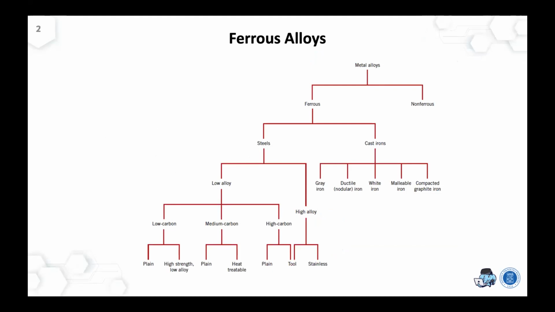Metals usually, in the application, are in the form of alloys. Remember that if you have alloys, if you have solid solution, you can enhance the properties. You can increase, for example, the corrosion resistance.